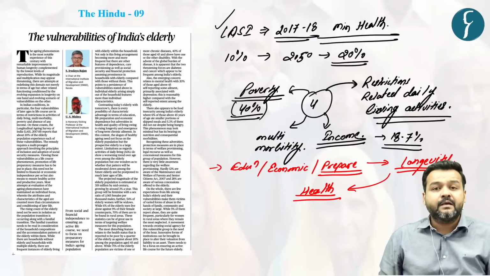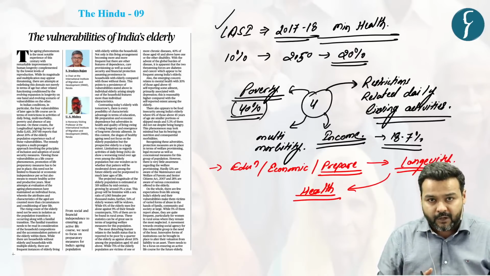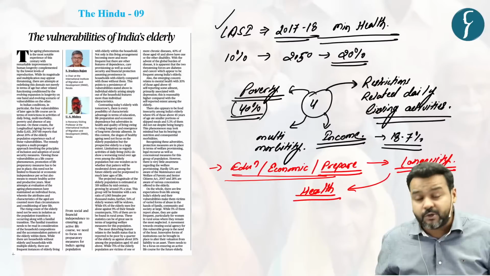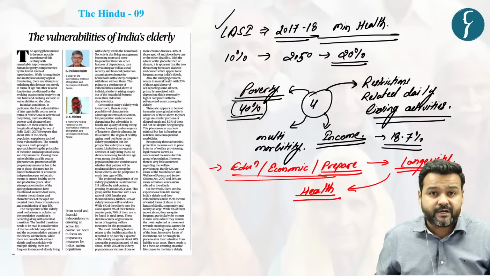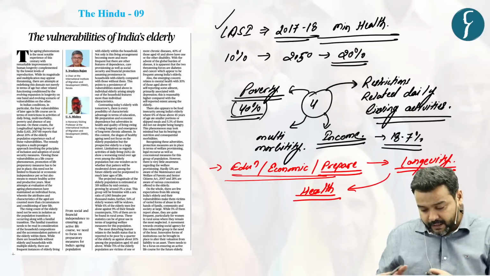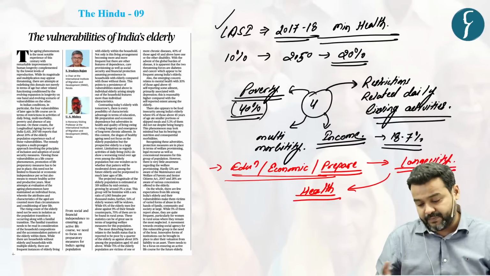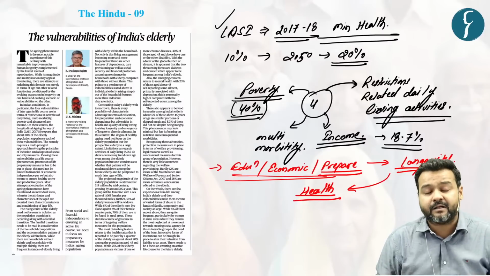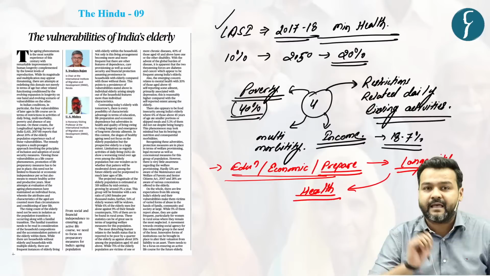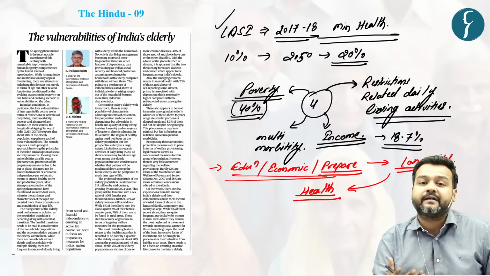We should be, you may say, conscious enough to design our policy and implement our policy so that this present generation, which is going to be elderly, should not suffer with the disadvantage or challenges that the present generation is facing. So in order for this, they have given a suggestion that surveys like LASI and United Nations Population Fund Survey India Aging Report, these data can help the policy makers to assess and formulate targeted policies.